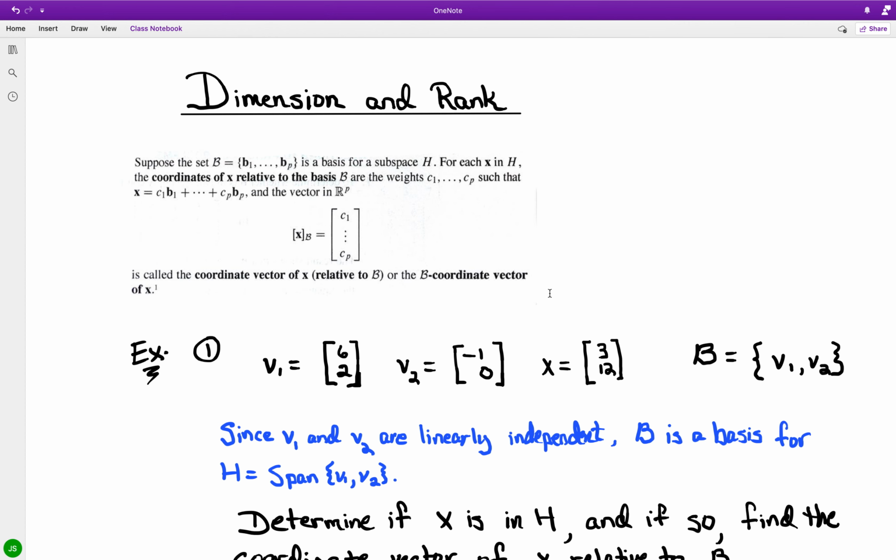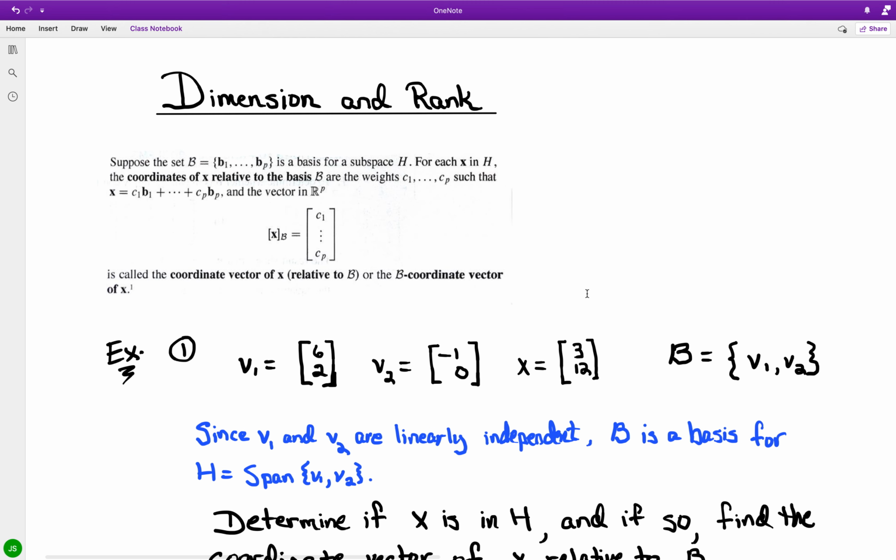Let's say we have as sample vectors, with x in the subspace H, a couple of vectors: the first one, a 2 by 1, is the vector 6, 2; the second is negative 1, 0; and x is equal to 3, 12.